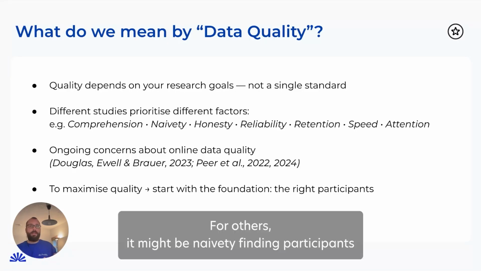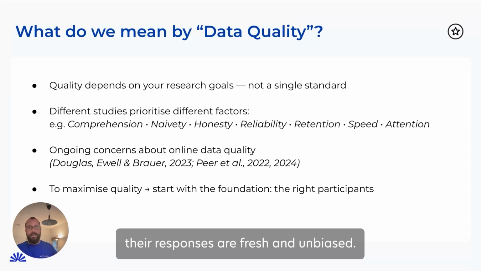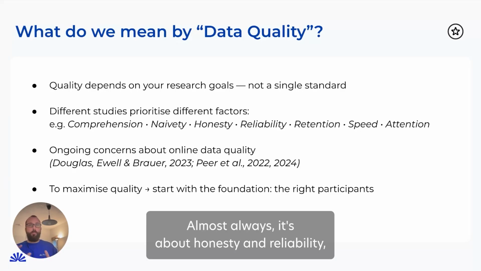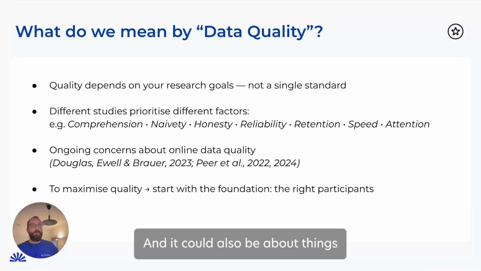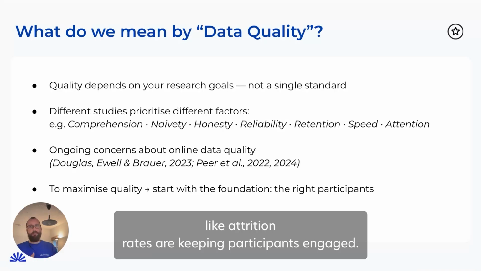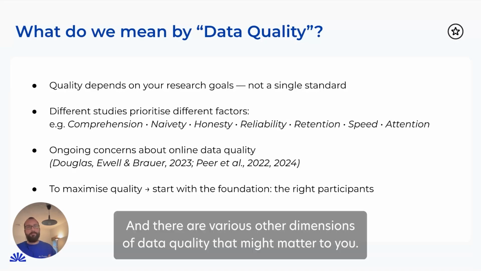For others, it might be naivety, finding participants who haven't seen similar tasks before, so their responses are fresh and unbiased. Almost always, it's about honesty and reliability, so ensuring participants give consistent answers across time and conditions. And it could also be about things like attrition rates, so keeping participants engaged so they complete multi-part or longitudinal studies. And there are various other dimensions of data quality that might matter to you.